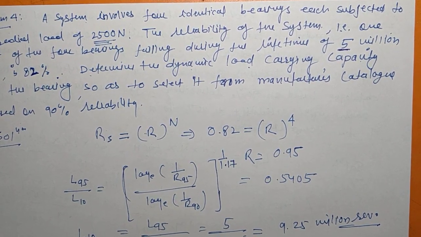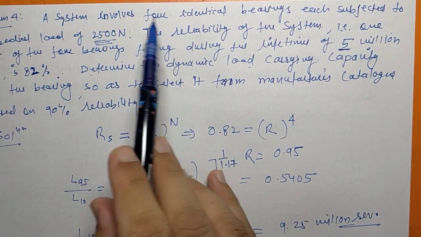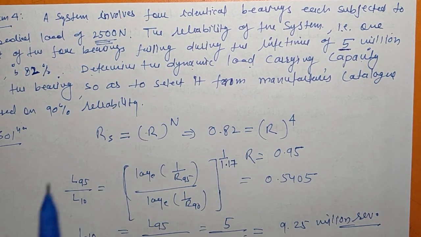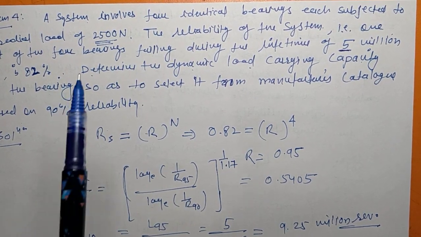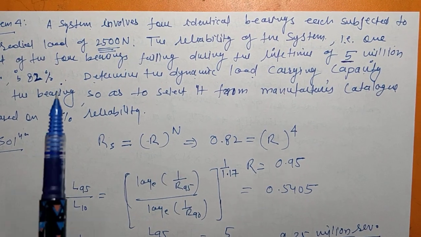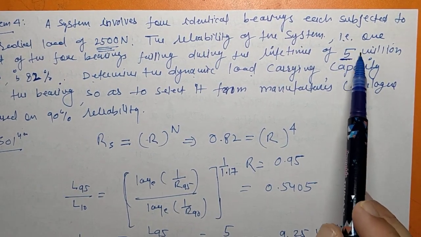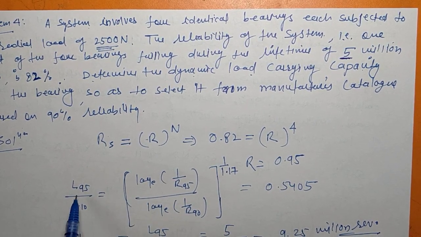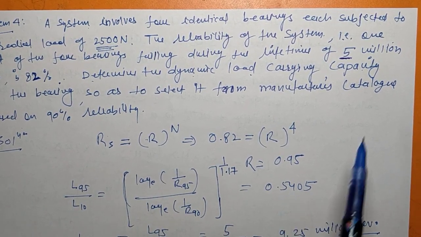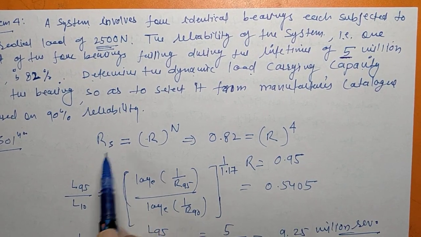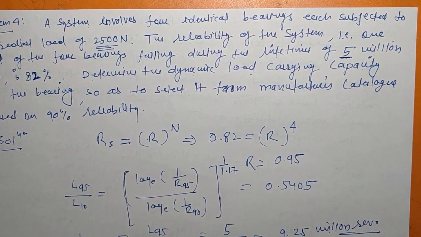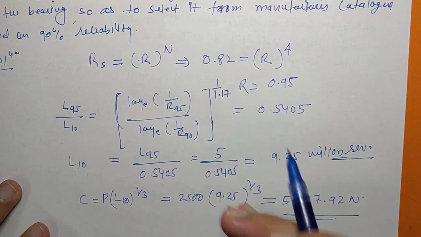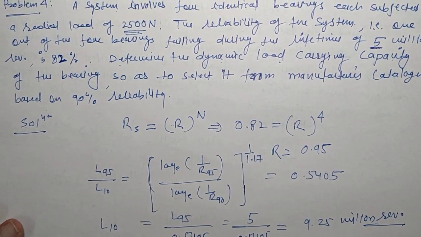If instead of the system we are rotating only one bearing, the chance of the bearing failing within 5 million revolutions is 5% only. So this is the life of a particular bearing, which is the L95 life, 5 million revolutions. Now we can find out the L10, and using the L10 life we can find out the dynamic load carrying capacity. This is how we can solve this type of problem. So thank you.